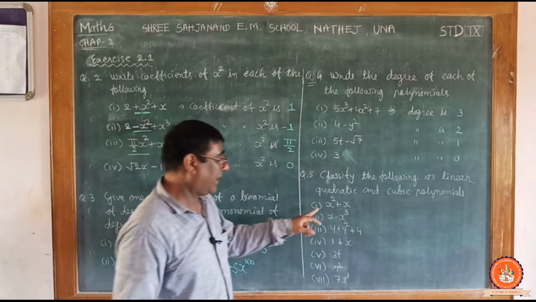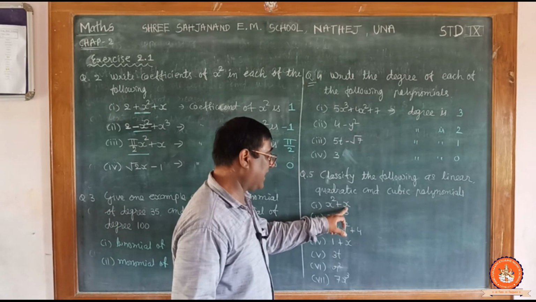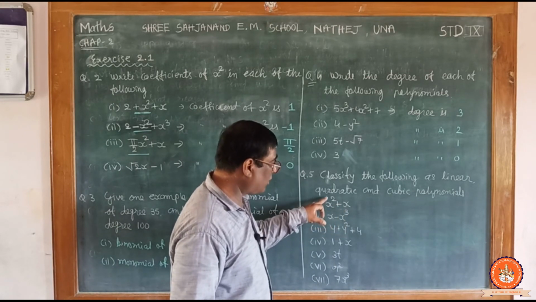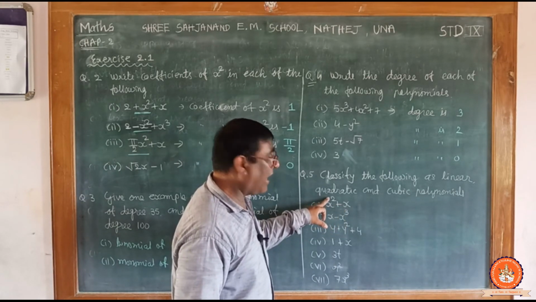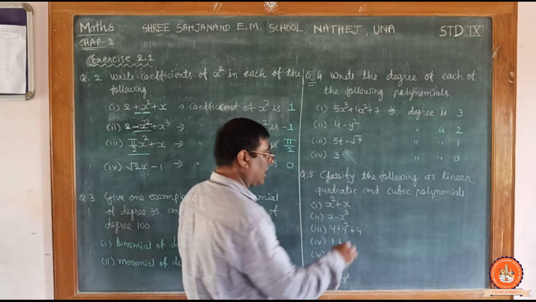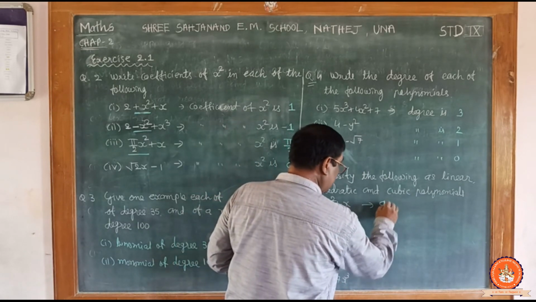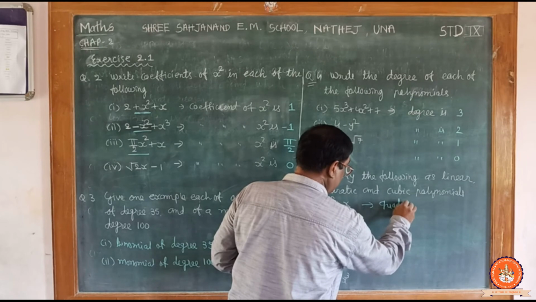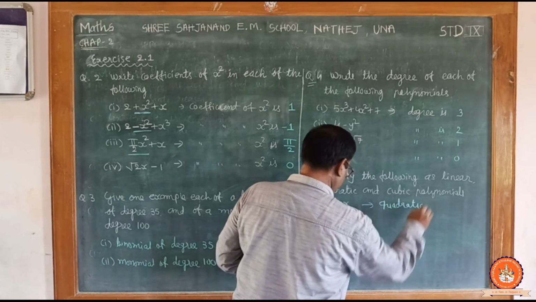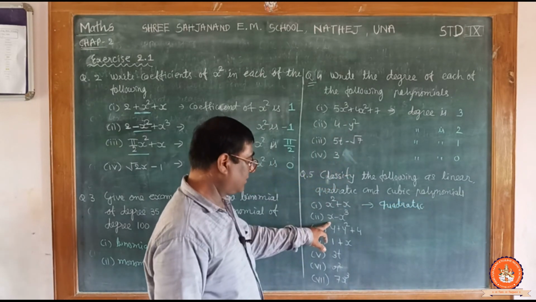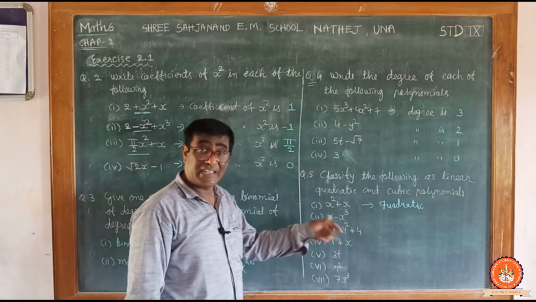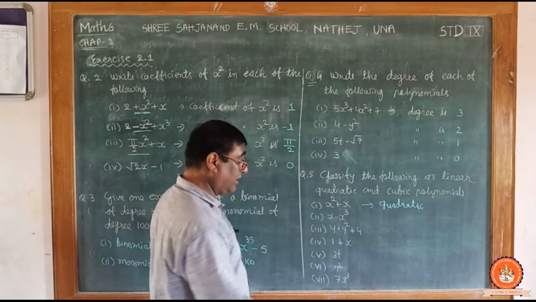Now look at it. First one, x square plus x. The highest exponent of the variable is 2, and a degree 2 polynomial is known as quadratic. Okay. Then x minus x cube. The highest exponent is 3 here.